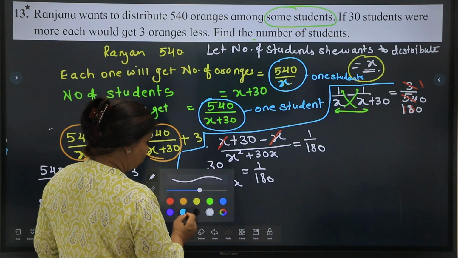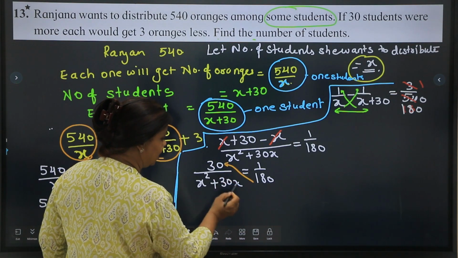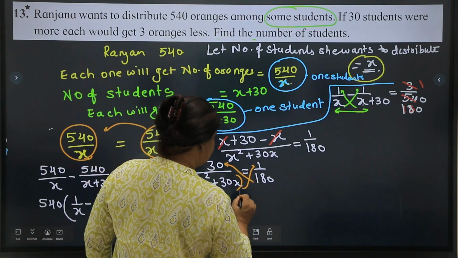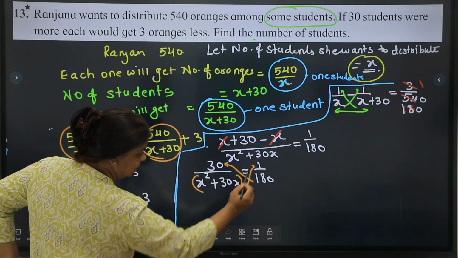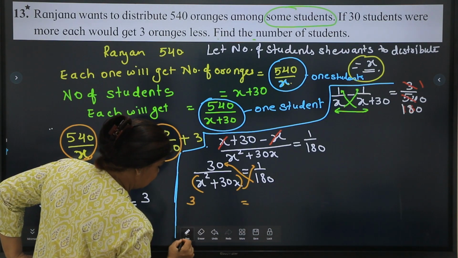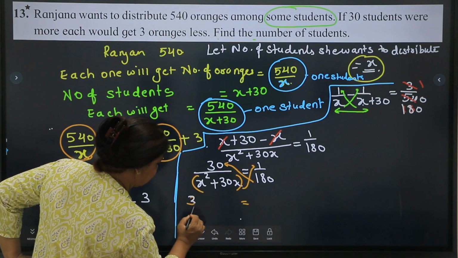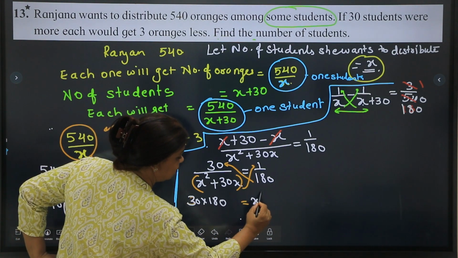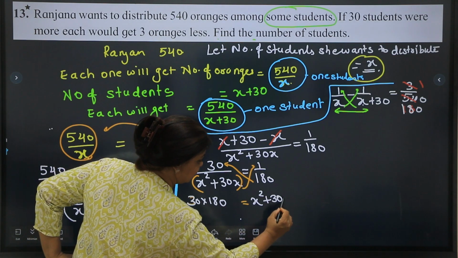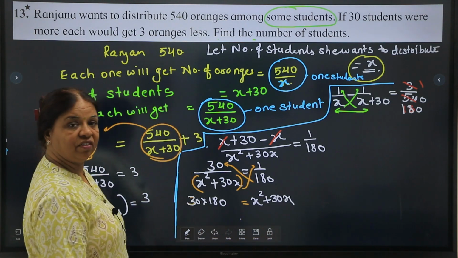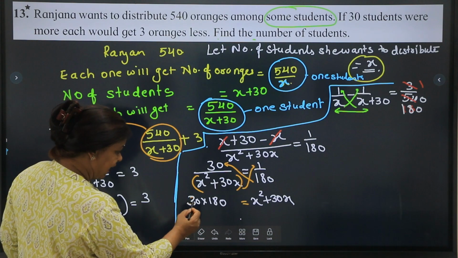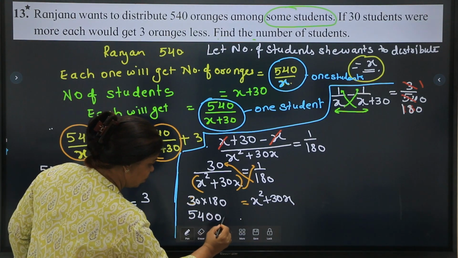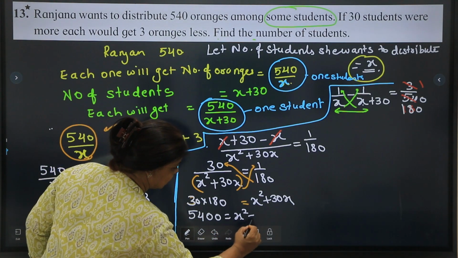Now here 180 will multiply with 30 and this entire expression will multiply with 1. So you will be getting 30 into 180 is equal to x square plus 30x. 30 into 180 will be 5400, which is equal to x square plus 30x.